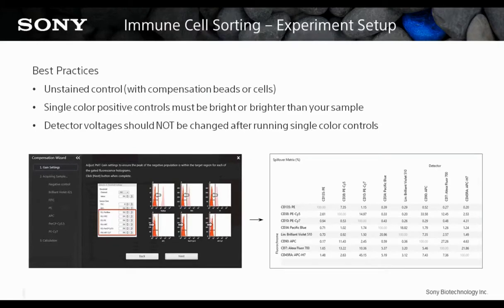Once you have your controls, the compensation wizard will guide you through recording them one by one and calculating the compensation matrix, shown here in this slide on the right. Finally, please remember that all controls and samples are run at the same PMT voltage after calculating the compensation matrix. Changing detector sensitivity on the fly will invalidate that compensation math, and your gating will be affected.